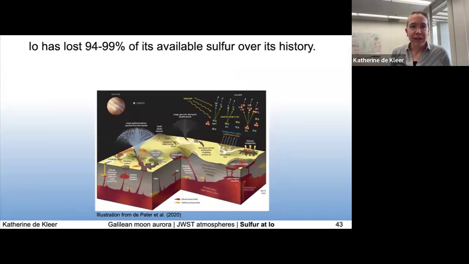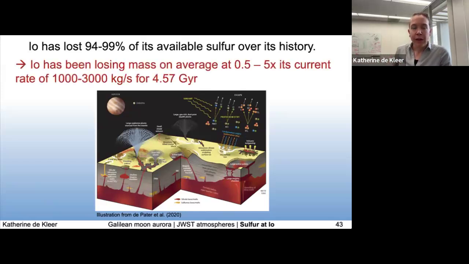We argue that the sulfur that's participating in the process is all of the sulfur in the mantle and atmosphere, excluding what's locked in the core, because Io is so strongly tidally heated that there's efficient mixing in the interior. So this seems like a big statement, to say that it's lost almost all of its available sulfur, but actually if you take Io's current mass loss rate and multiply that out over the history of the solar system, with the assumption that Io's been active over this entire time period, you basically get this same number.